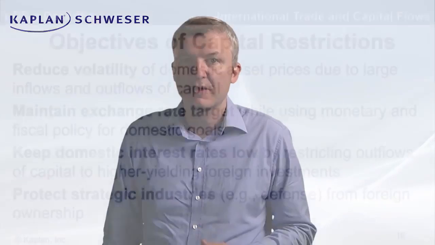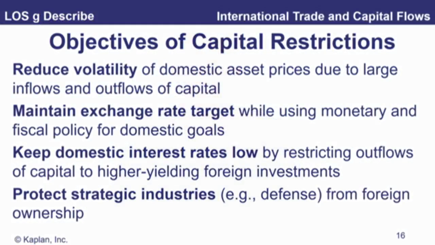So you might try and maintain your exchange rate by saying nobody can buy and sell my currency, and that leaves you free to still play around with your own monetary policy. Could be to keep interest rates low or to protect strategic industries. So fairly straightforward list again, get them into your head.